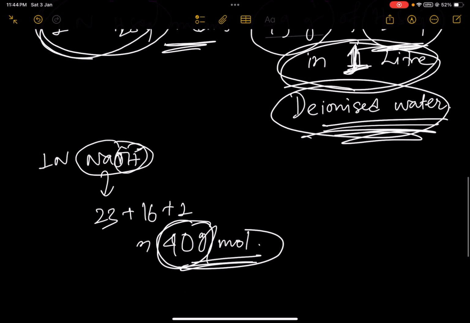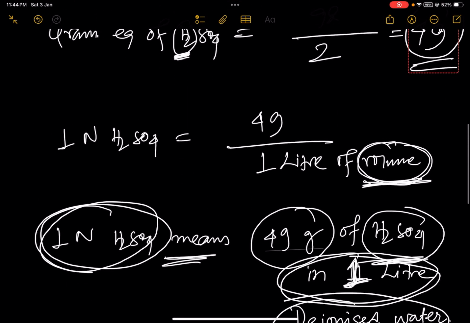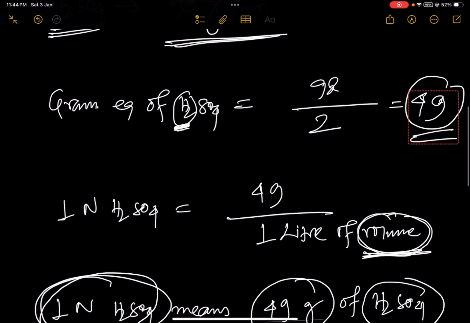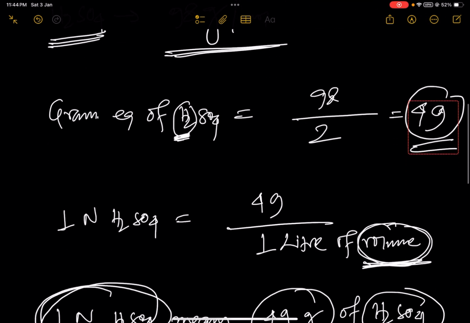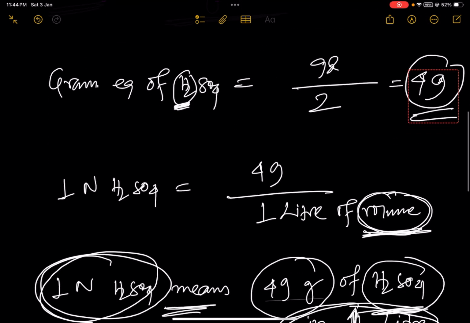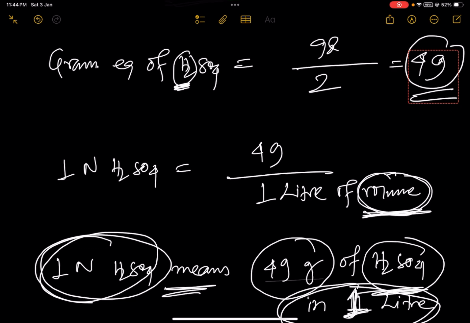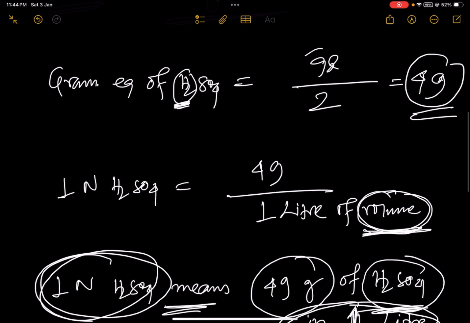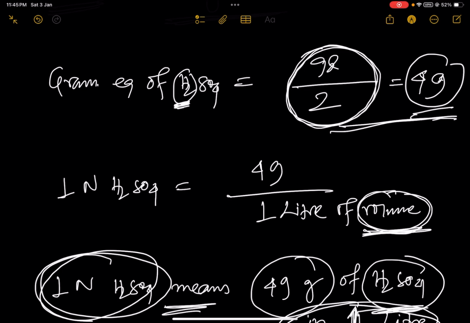Okay, so the number of replaceable OH minus ions is only one in this case, but we saw for H2SO4 that there were 2 replaceable H plus ions, so it was divided by 2 for the gram equivalent calculation.